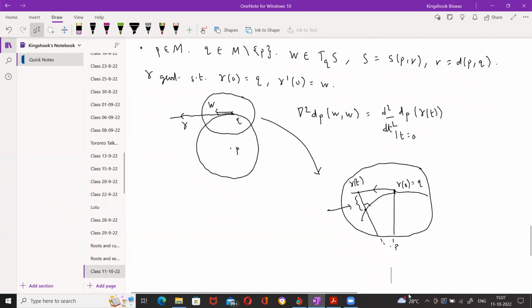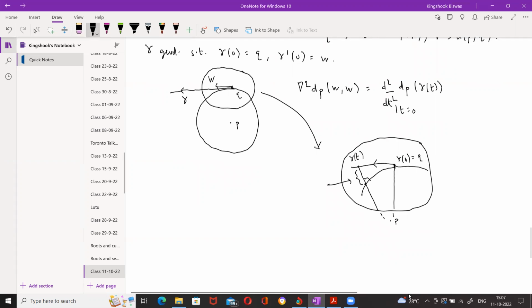So this distance is the radius R, and this whole distance is d_P of gamma(t). So this little distance is d_P of gamma(t) minus R, right?